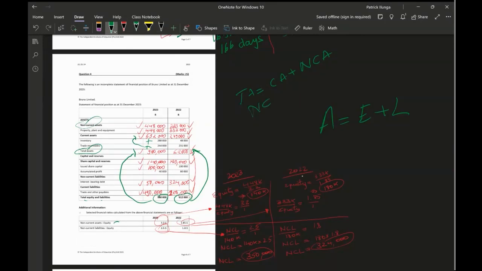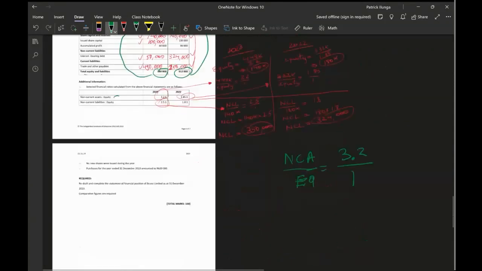Non-current asset equals, oh, I don't know what's going on here. My pen is acting out. Total asset minus current asset. Simple. That's how many of you managed to get that. So we have the non-current asset.